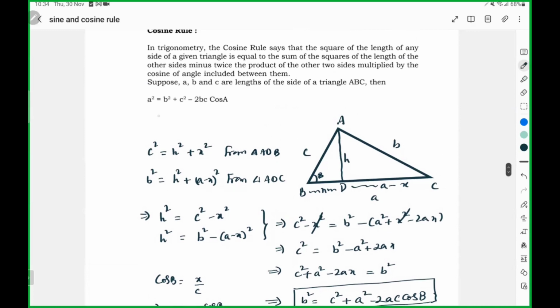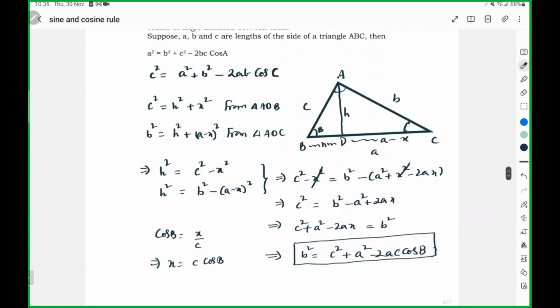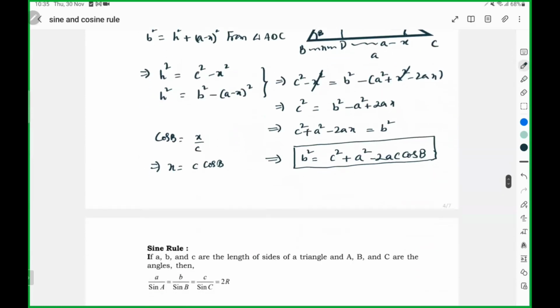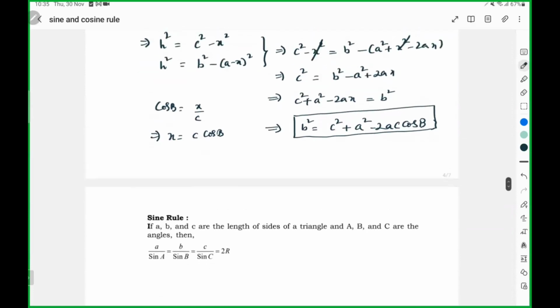So here, for A, you take the remaining B square, C square and included angle A. Suppose you want to write C square: the remaining two side squares sum minus 2 times the product, where small c is there and C is the angle between A and B. This formula is useful; even for a right angle it is okay, and for any other angle also it is okay.